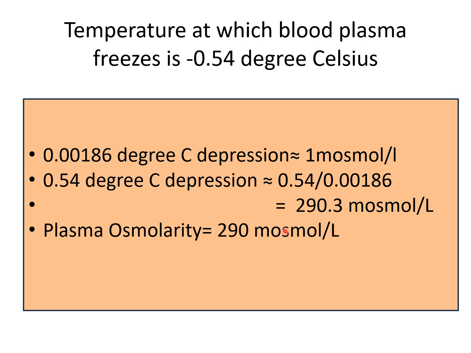Here we can say that the osmolarity of the plasma will be 290.3 milliosmoles per liter, or we can say 290 milliosmoles per liter. It actually varies within a range of 290 to 300 milliosmoles per liter. So from this freezing point depression, we have generated the value of plasma osmolarity, that is 290 milliosmoles per liter.